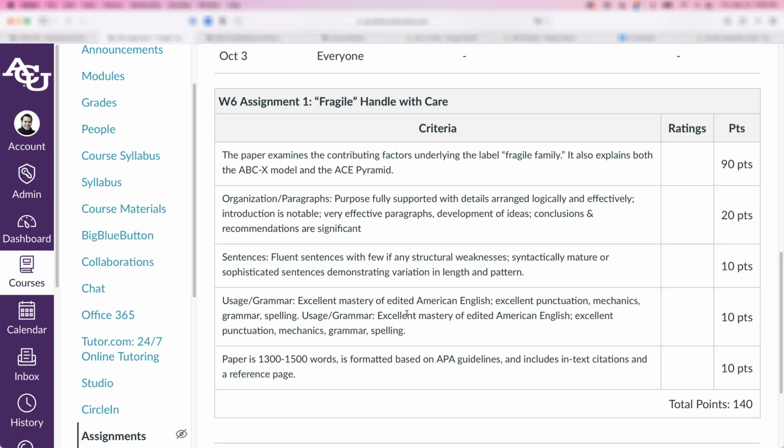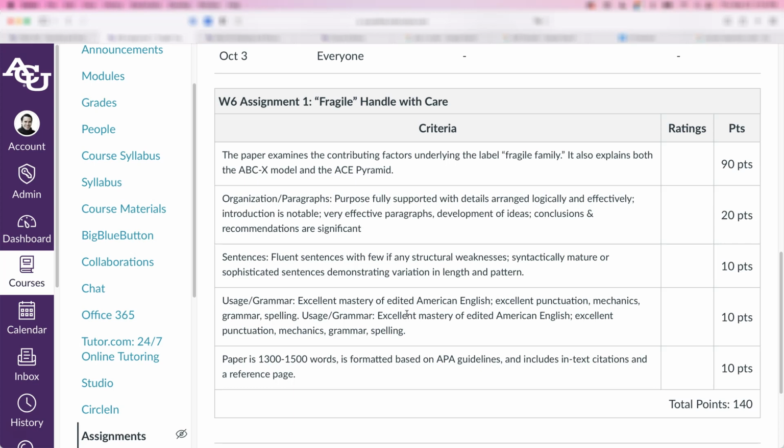And then we have the sentence quality. So this is again about the larger quality control. And we have excellent mastery of edited American English, including have you remembered to spell check it and to run a grammar check, and then some APA formatting. So overall, we see that this is an assignment where the rubric tells us quality matters.